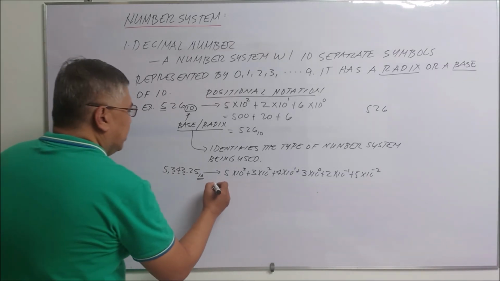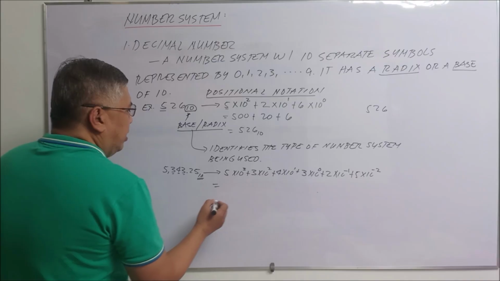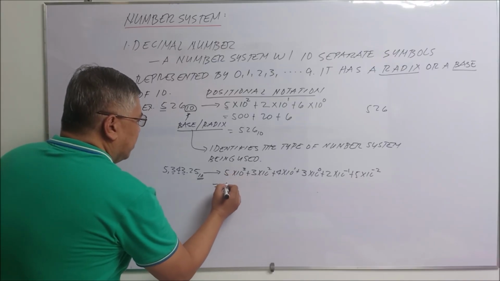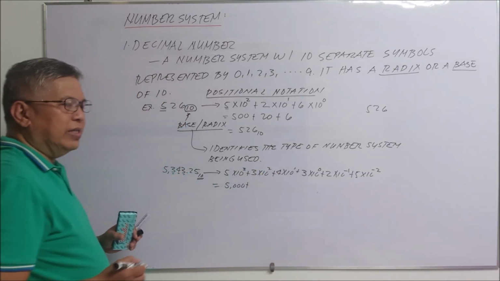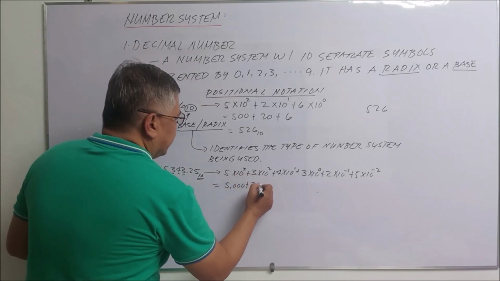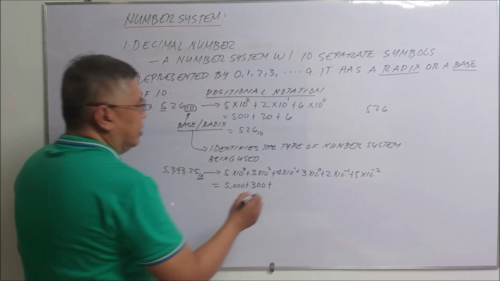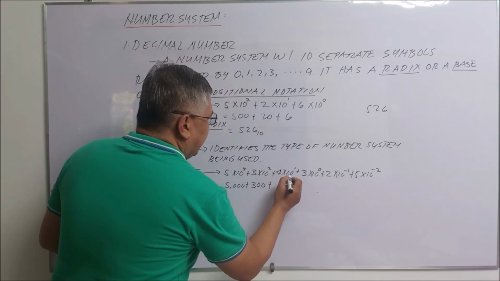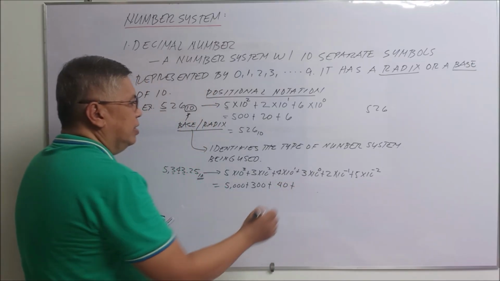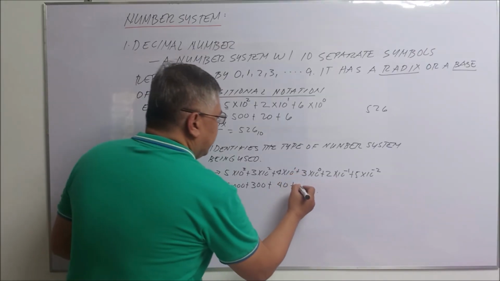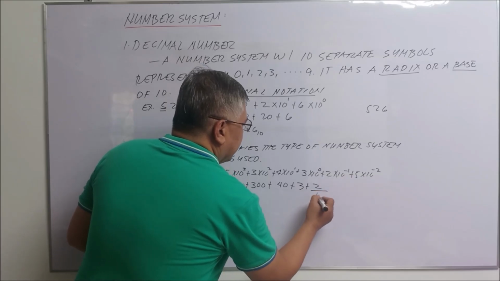So if we obtain the corresponding value of this, it will be what? 10 to the 3 is 1,000 times 5 is 5,000, plus 10 squared is 100 times 3 is 300, plus 10 to the first is 10 times 4 is 40, plus 10 to 0 is 1 times 3 is 3, plus 2 over 10 to the first.